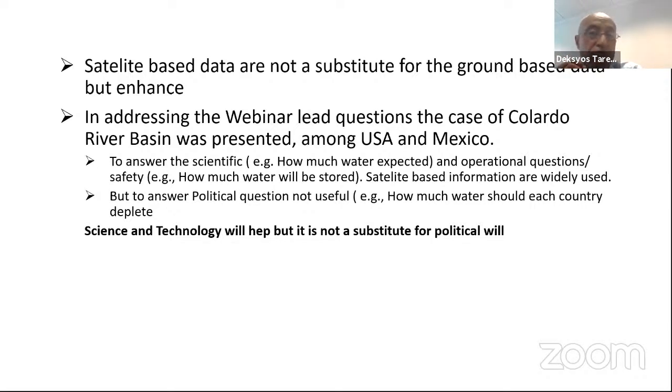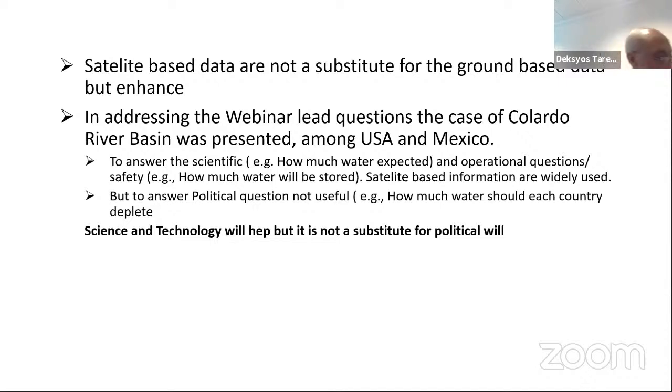Satellite-based data are not a substitute for ground-based data, but enhance the use of the ground monitoring data, because whatever data are generated from satellites need to be calibrated or verified. There must be data truthing exercises to undertake when applying such satellite-based data. So they are not a substitute, but enhance greatly the use of the data and give better information products.